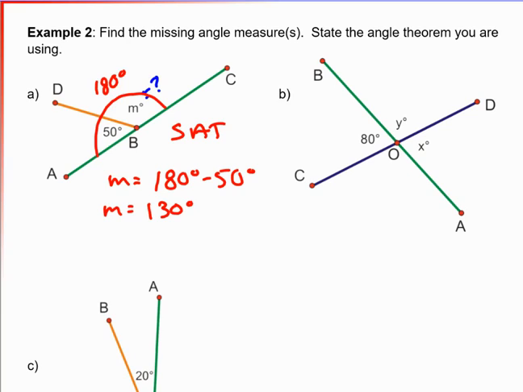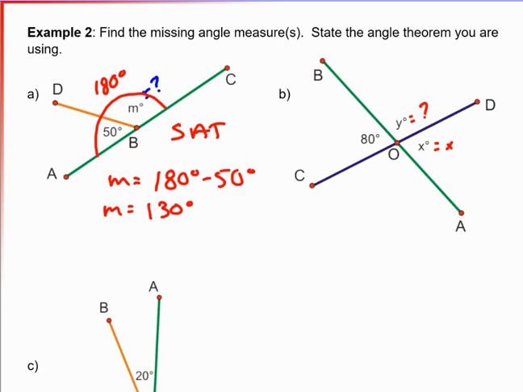Okay, next B. Well, we have two lines intersecting. So we know when we have two intersecting lines, their opposites are equal. So we have an unknown y and an unknown x. All right, well, we might have to do more than one step here. So which one can we find out first? Well, there's two ways of doing this.